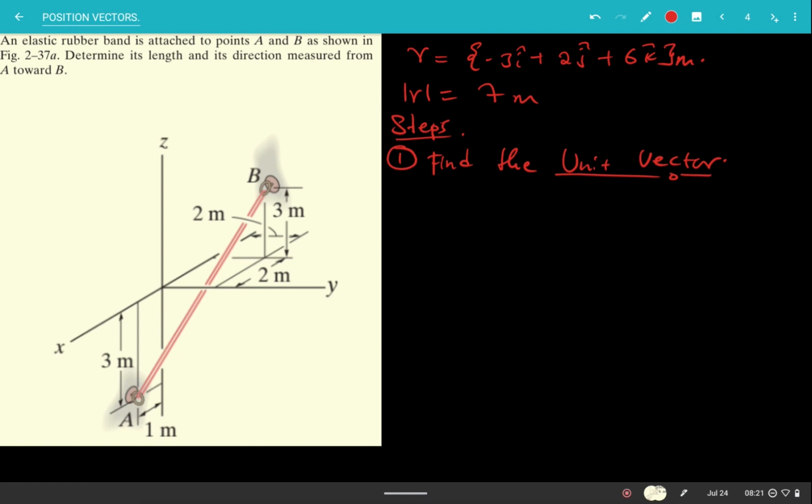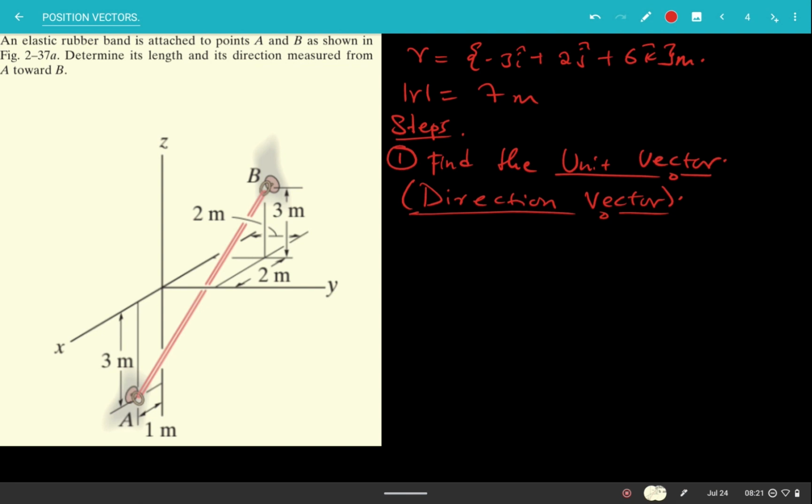A vector whose magnitude is equal to 1. Now, unit vectors in some books are referred to as the direction vector. Okay? The direction vector. So, in case you find someone writing direction vector, just be mindful that they're just talking about this guy called the unit vector. And always remember that its magnitude is equivalent to 1.